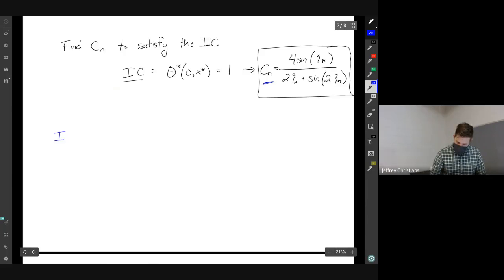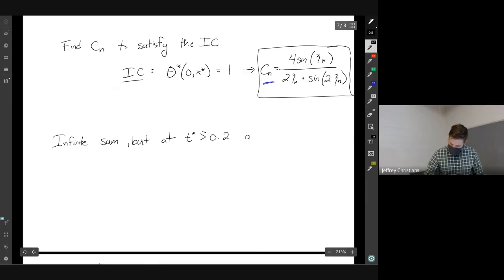So this is an infinite sum, but at t star greater than about 0.2, basically only the first term matters.